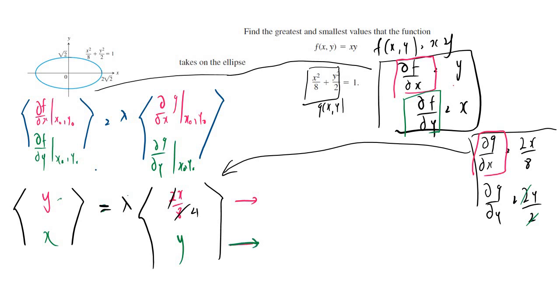So this equation would be y equals lambda times x over 4. And if we look at the other equation with respect to y, it would be x equals lambda y.